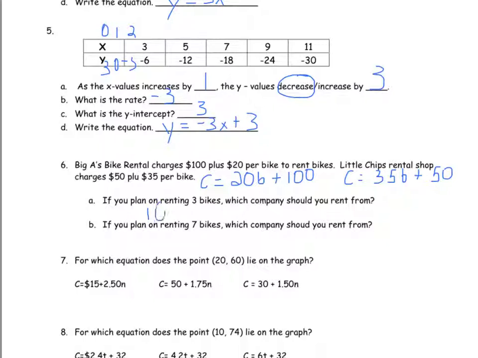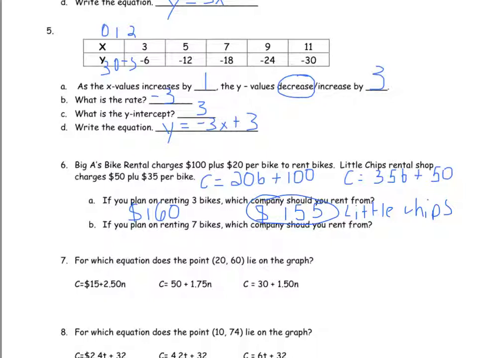So that's $160 for Big A. For Little Chip's, 35 times 3 is 105, plus 50 is 155. So it's going to be $155 from Little Chip's. So you should rent from Little Chip's, okay? Because they are cheaper.